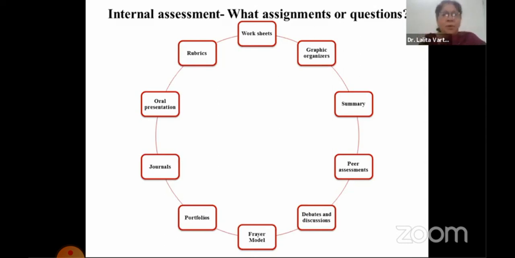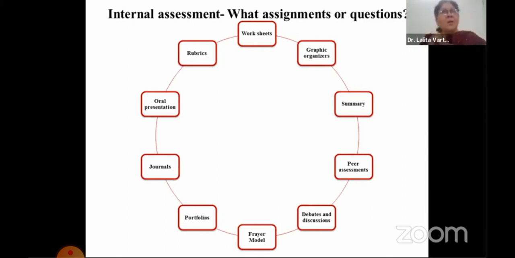Of course, you have different oral presentations, which could also be used as an internal assessment. And you have rubrics. You can ask your students to prepare rubrics for the different topics which they have learned. Or you yourself could design different rubrics so that you make your students realize that yes, this is where you have done wonderfully and this is where you need improvement.